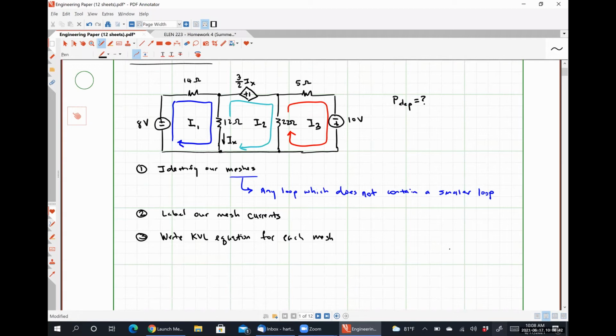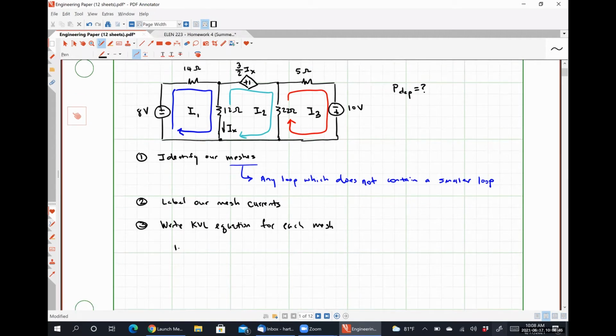So let's look at mesh 1. Our goal here is to write a Kirchhoff's voltage law equation where we express all of the voltage drops across our resistors in terms of our mesh currents. So if we start at the bottom left-hand corner, which is where I like to start, we first see the negative polarity terminal of an 8-volt source.